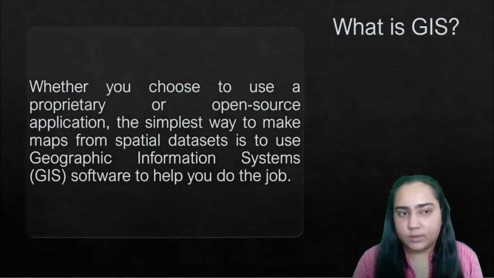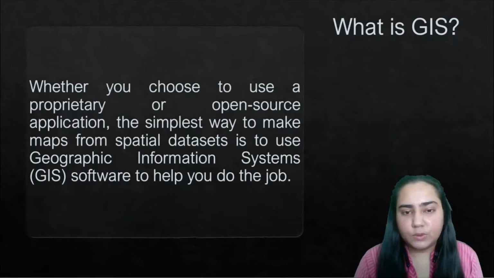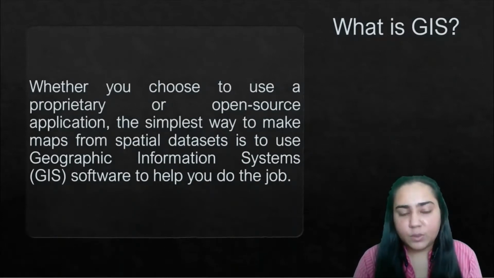What is GIS? Whether you choose to use a proprietary or open source application, the simplest way to make maps from spatial datasets is to use Geographic Information Systems software to help you do the job.